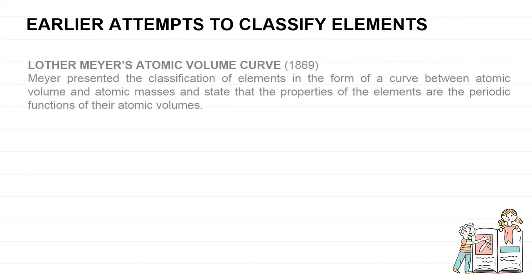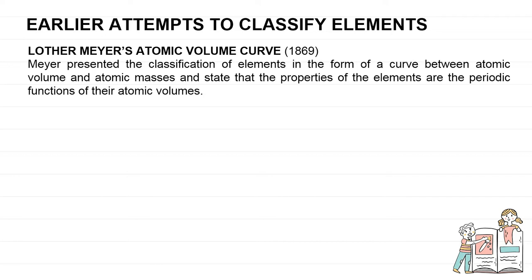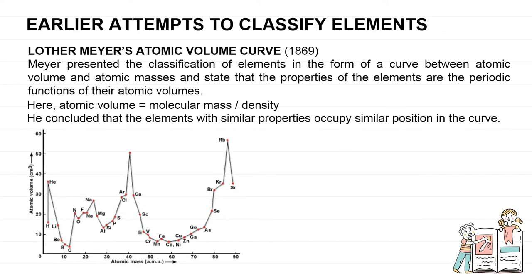Now, the other earlier attempt was Lothar Meyer's atomic volume curve. According to Lothar Meyer, he represented the classification of elements in the form of a curve between atomic volume and atomic masses. And he stated that the properties of elements are a periodic function of their atomic masses. In this curve, we have on one side the atomic volume and on the other side the atomic mass.